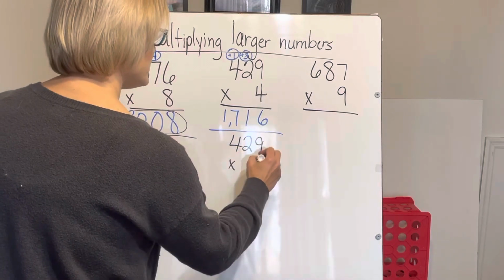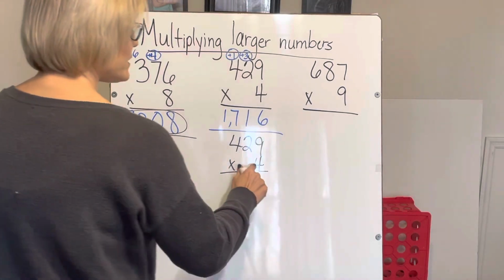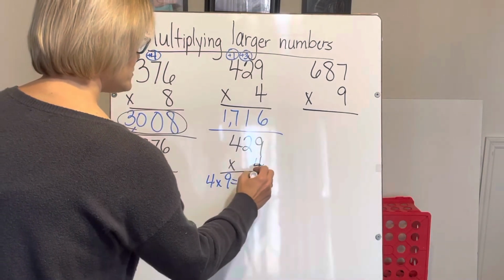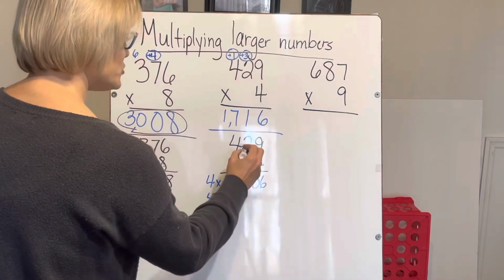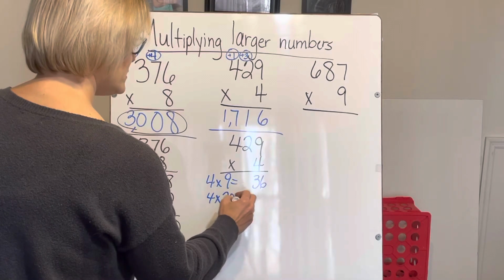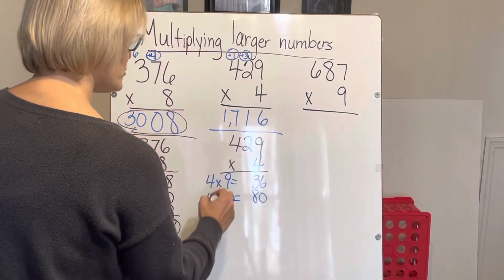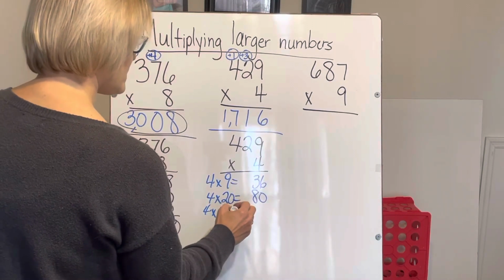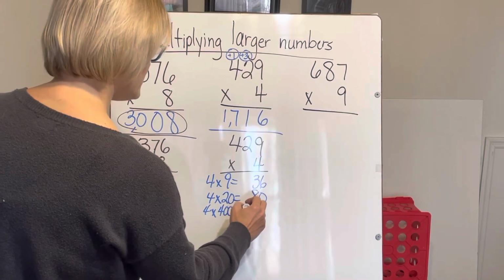All right, so I'm writing this out a second time. And this time, everything is times 4. So we've got 4 times 9, which is 36. And then we have 4 times 2 tens, which is 20, which gives me 80. 4 times 400, which is 1600.